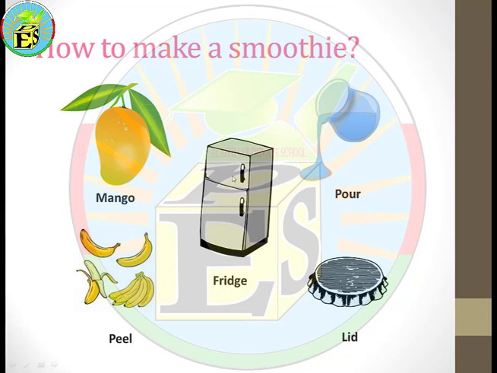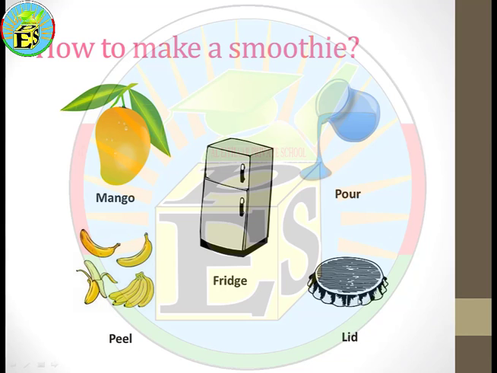Fridge. This is the fridge. It's like a big box where we put the food inside to keep it cold. Here, pour. Pour some water into a cup or a glass. And this is lid. Lid.